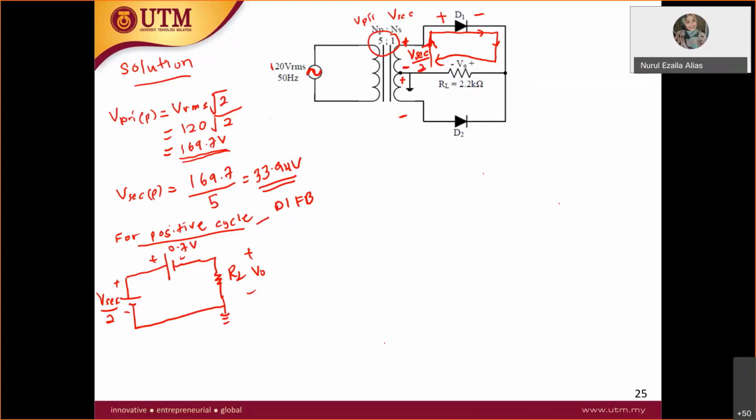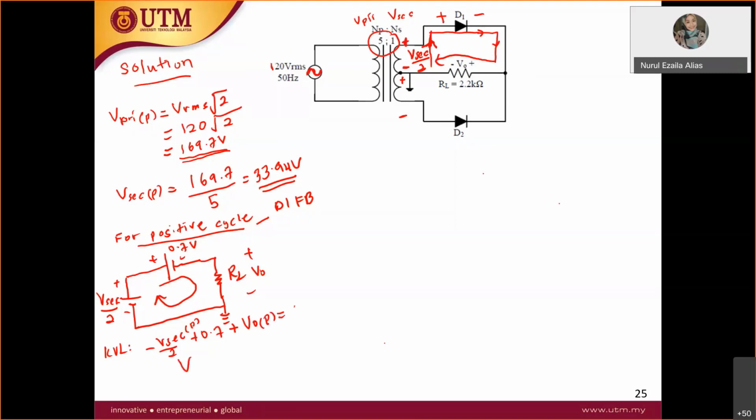The KVL here, what will be the KVL? Negative V secondary over 2, plus 0.7 volt, plus V output. Yes, plus V output. Now since everything is in peak, your V output is also in peak, equal to 0.